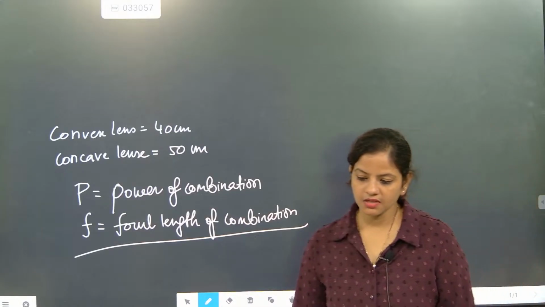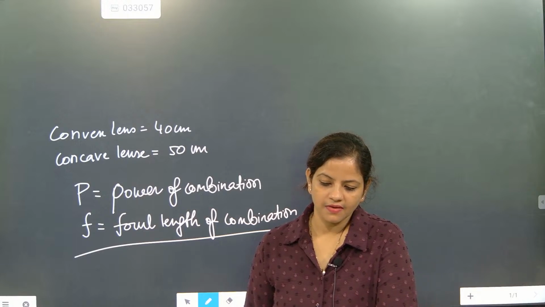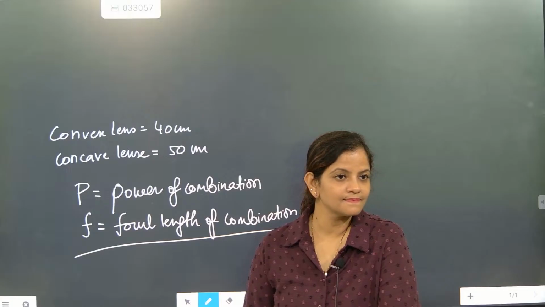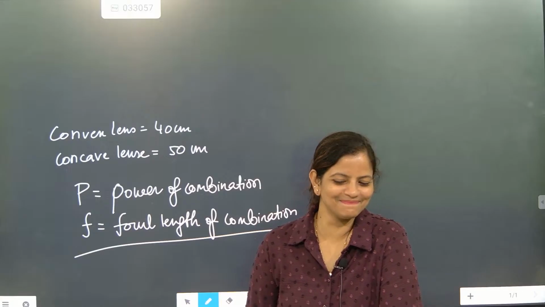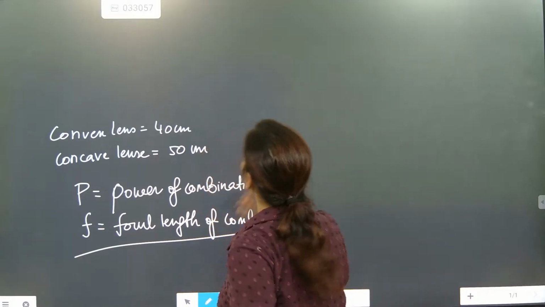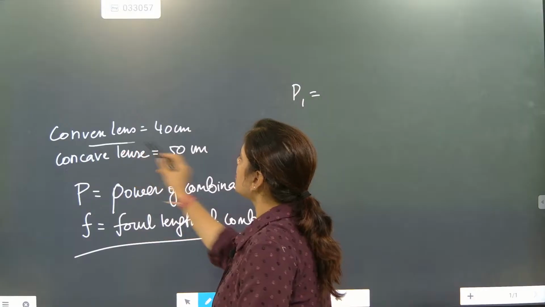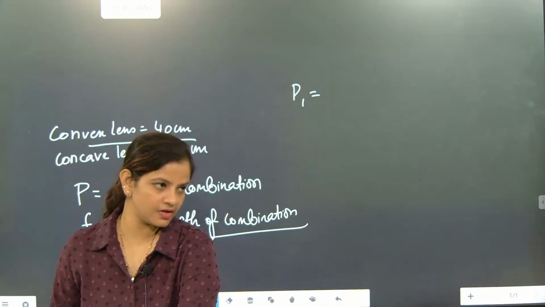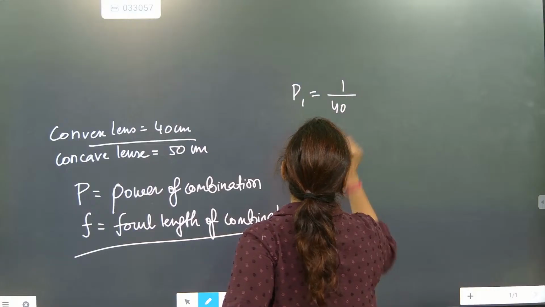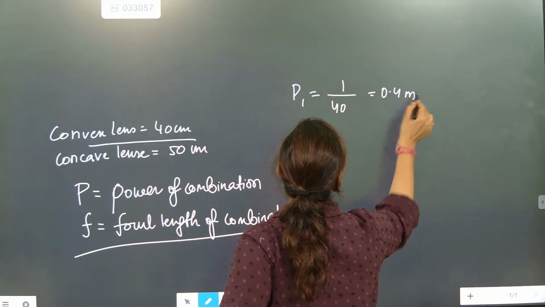Focal length is given, 200 cm. Now look at it. First, power P1 will be equal to what? See, they have given a convex lens, and focal length is given. So here it will become 1 by 40 centimeter. 40 centimeter will become 0.4 meter.